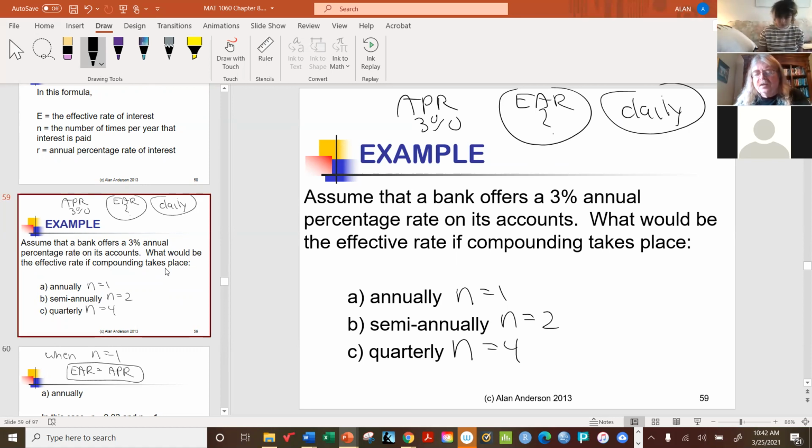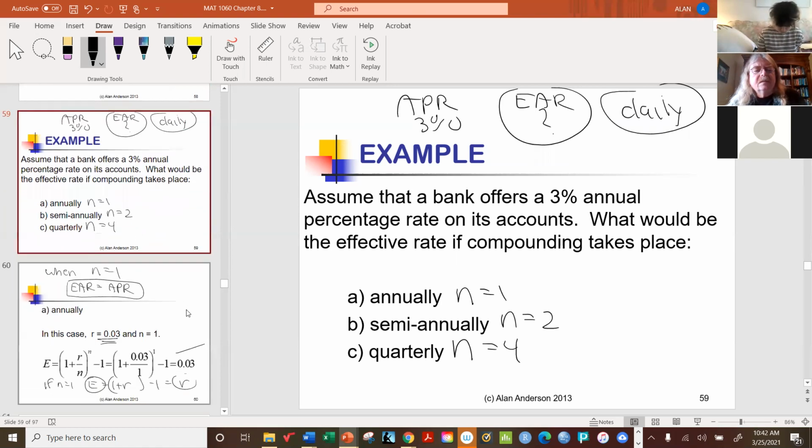Annually means once a year, semi-annually means twice a year, and quarterly means 4 times a year. So we're going to apply this formula in all three cases. And after a while, we're going to get pretty good at this.